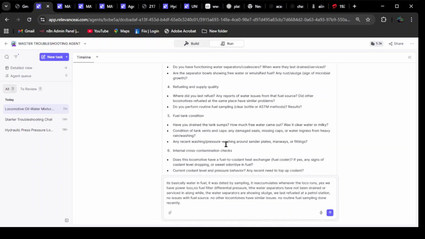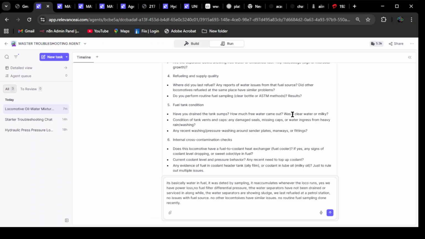Have you drained the tank sumps? How much fuel water came out? Was it clear water or milky? It was milky water. Does this locomotive have a fuel to coolant heat exchanger?